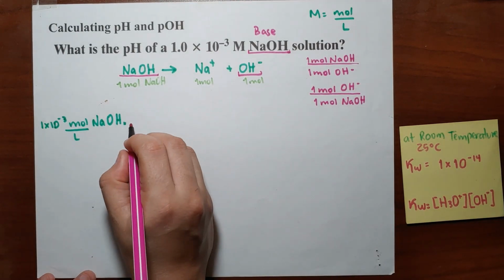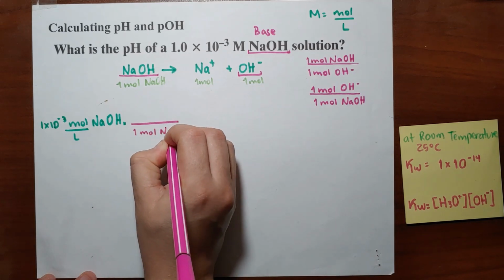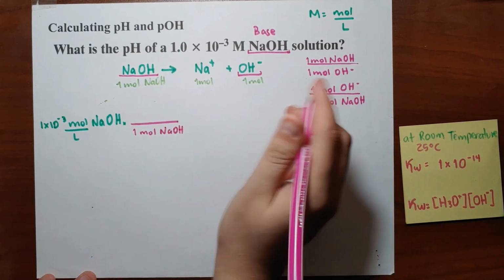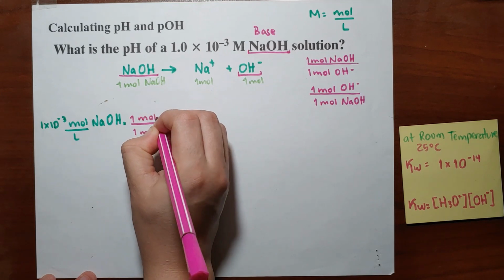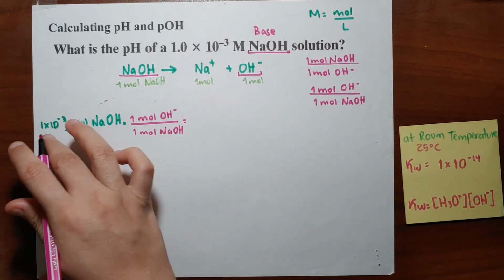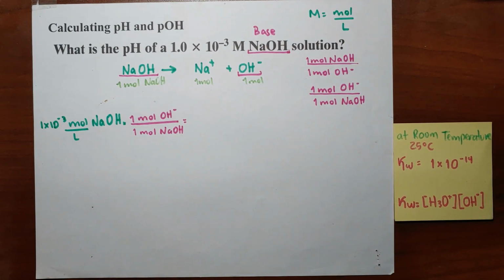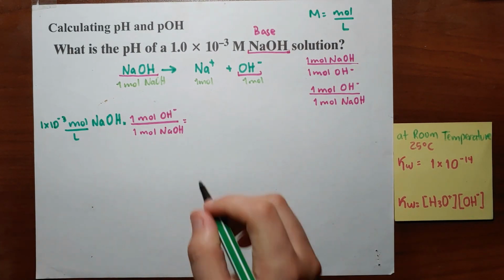So this will be 1 mole NaOH in the bottom and 1 mole OH in the top. When you multiply this, because you're multiplying and dividing by 1, you're going to get the same number as an answer.